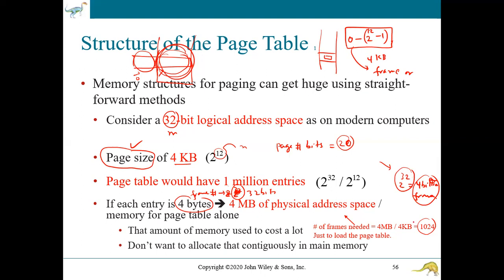So this one is 2 to the power of 32, right? And this one is 2 to the power of 12? No, 2 to the power of 22. Do you agree with me, 22? Mega means what?